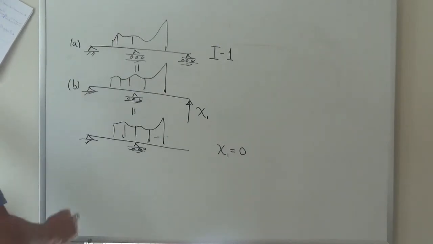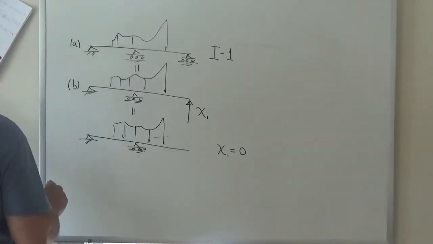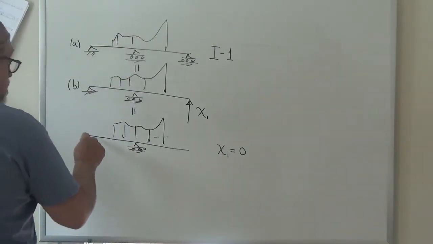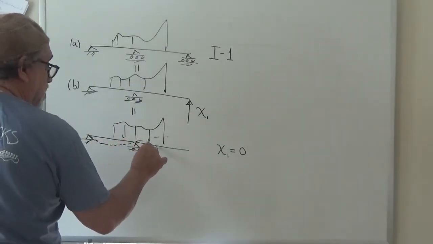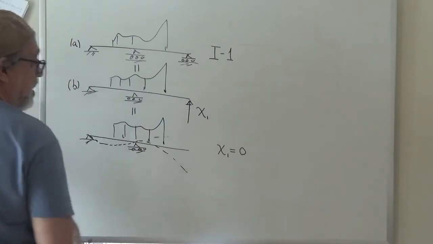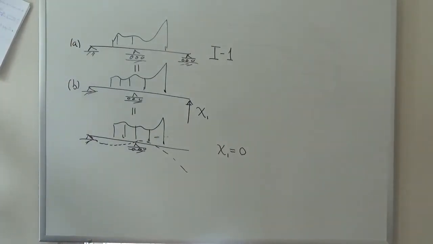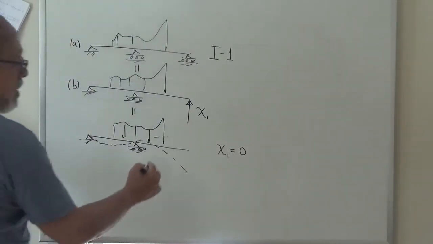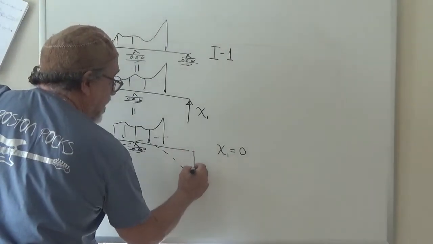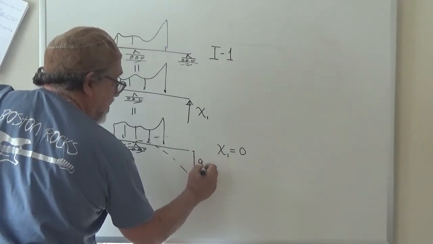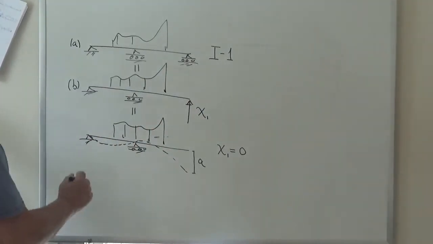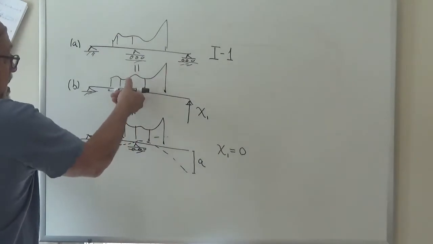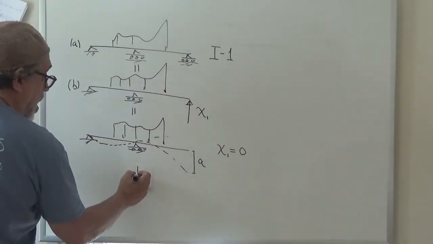So we can say that that structure will have some sort of a deformation, and it doesn't really matter whether this sketch is correct exactly or not, but let's say it deforms like the dotted line, right? And we could give a name to this deformation here, and we just call it A for now. So the tip of this structure moves down by A.